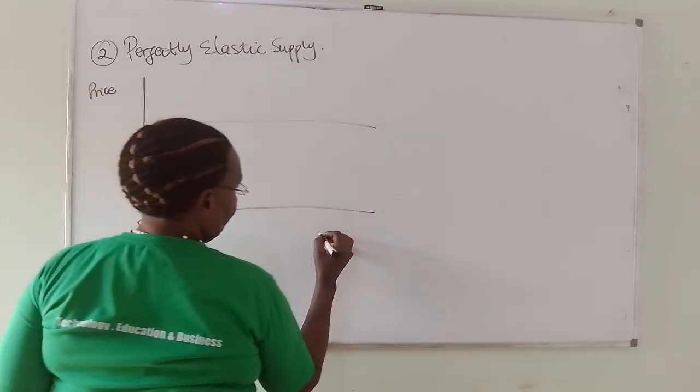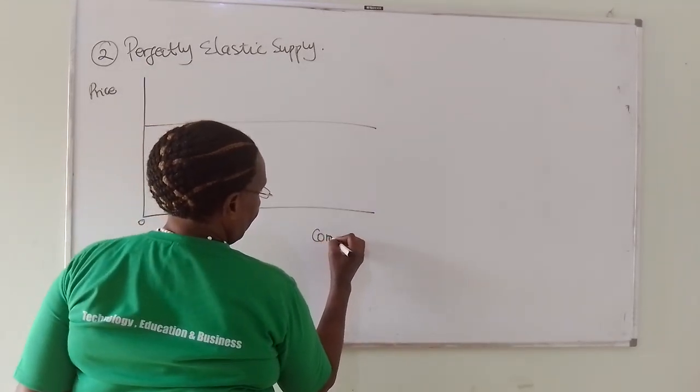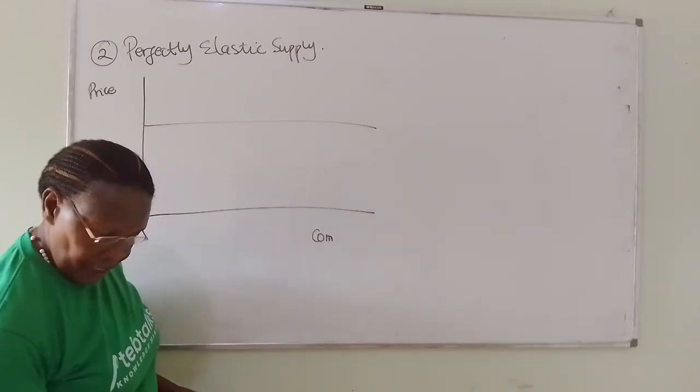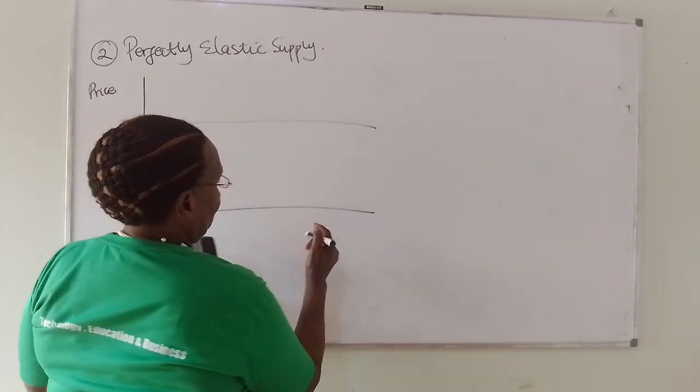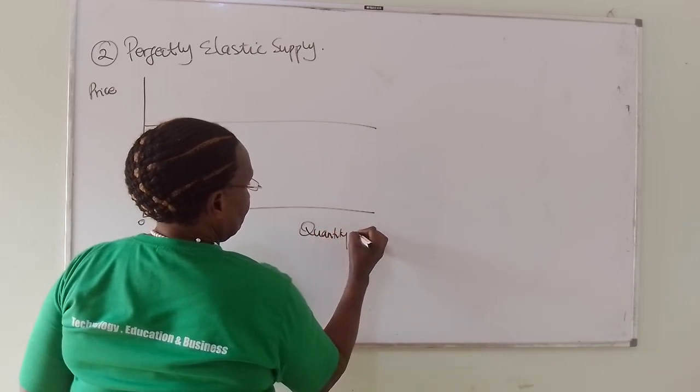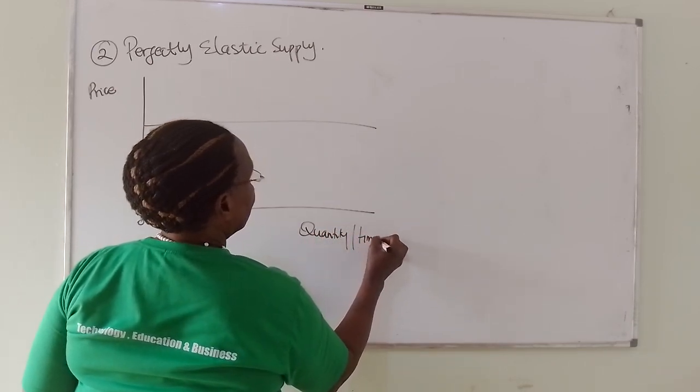understood using a diagram. We have our quantity supplied at a given time.